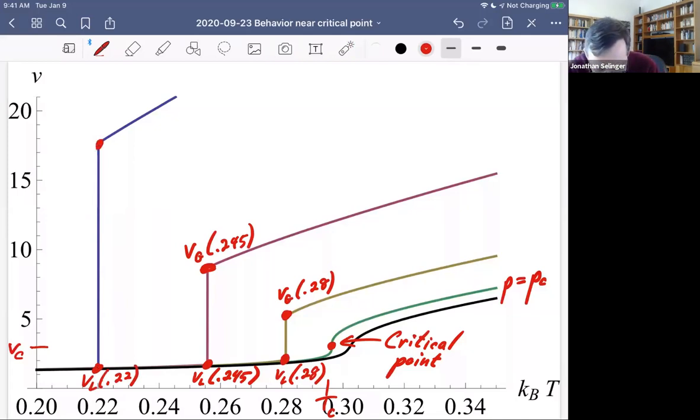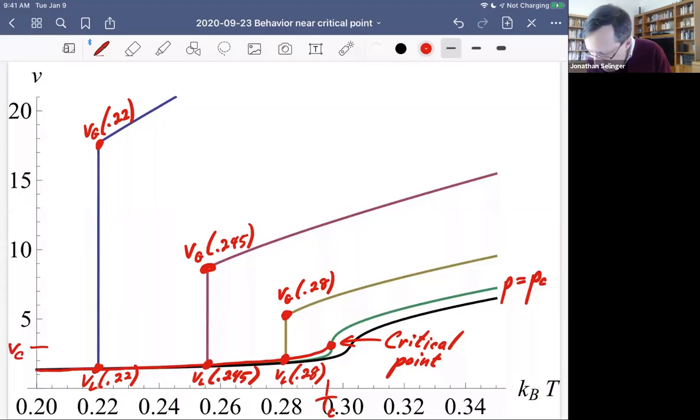Here is V_G at the temperature of 0.22. Now, this is just at a few specific temperatures, but what if I connect the dots to see the maximum volume of the liquid as a function of temperature? I would be connecting the dots to make a plot kind of like that one.